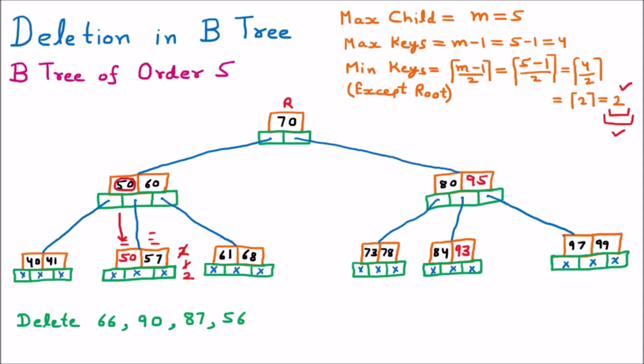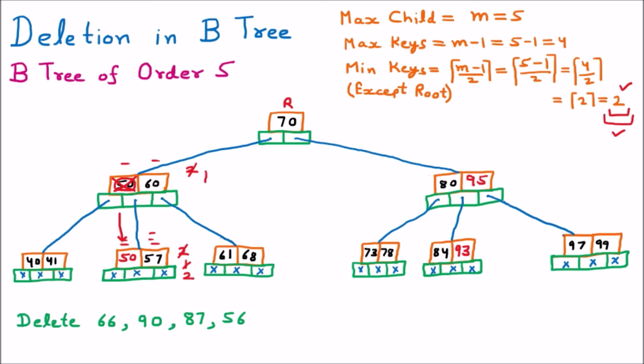So this property at this node is followed, but when the 50 moves down from there, we have to delete the 50. Before deleting 50, how many keys were there? Two keys were there, the property was followed, but when we delete this node, afterward there will be one key.